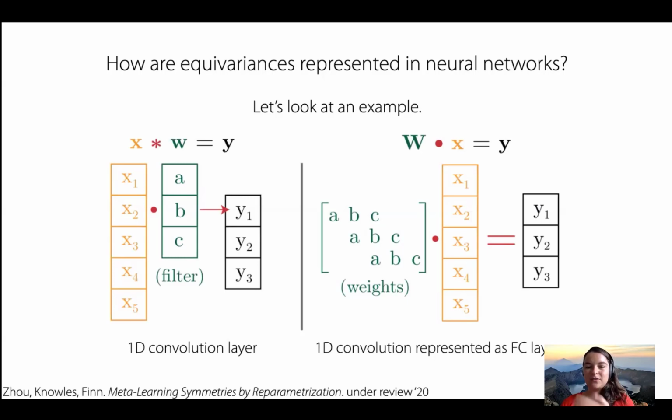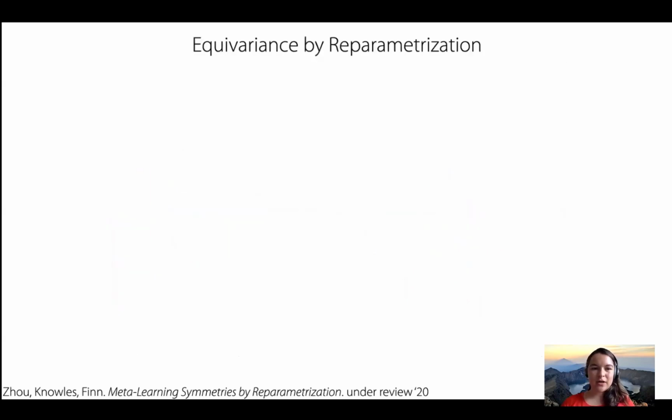So now that we have this visualization, we can note that basically what convolution corresponds to is a certain weight sharing pattern and a certain weight sparsity pattern, where different parameters A, B, C of this fully connected matrix are shared in different parts of the matrix. And so what we're going to try to do is reparameterize this fully connected matrix such that part of it is representing the weight sharing pattern and another part of it is representing those parameters, the A, B, C parameters.